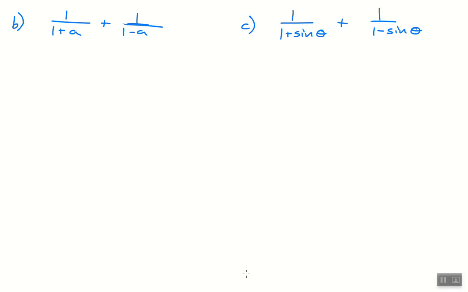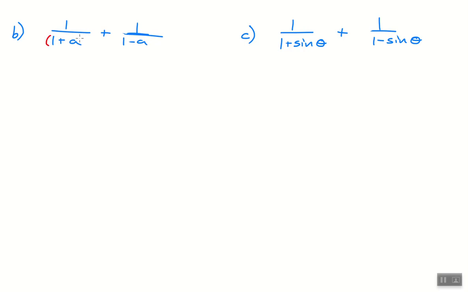As we look at example B, if you want to add those, they have to have a common denominator. Now, it's convenient if it's the smallest, but it doesn't have to be. They just have to be common. I see this has a 1 plus A, and this one has a 1 minus A. This one needs a 1 minus A, and this one would have to have a 1 plus A. So this is going to look ugly for a second.